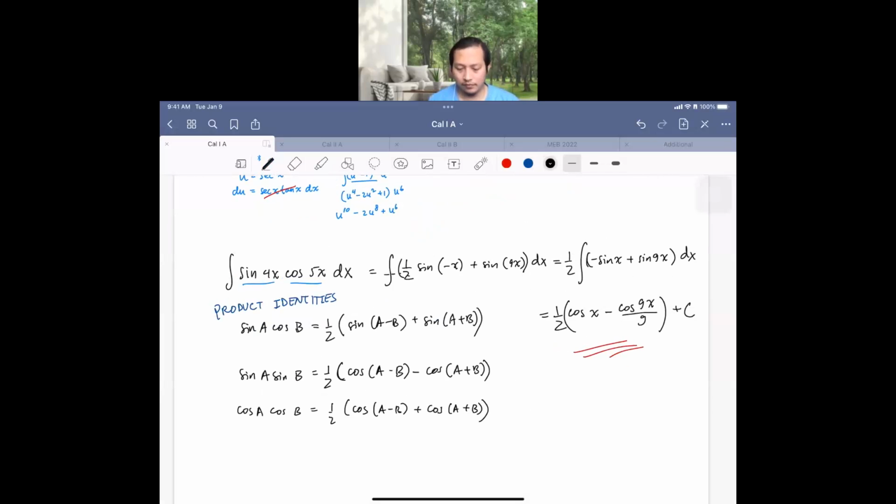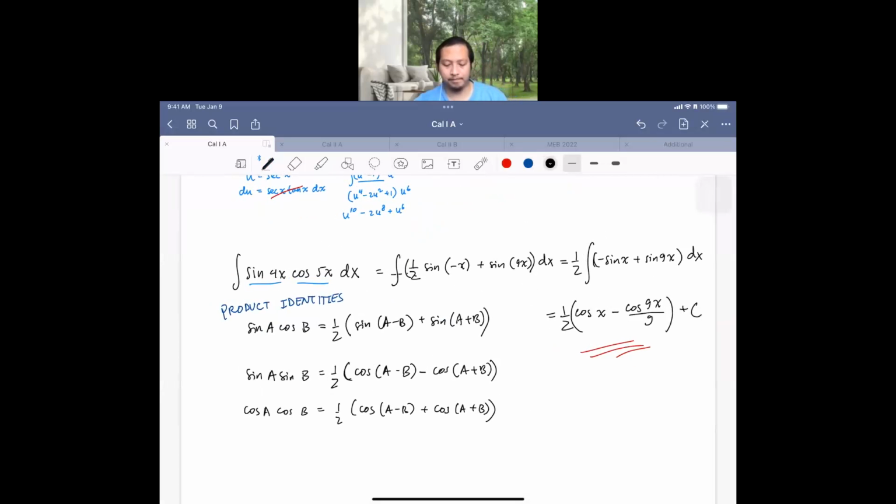But if you forget the identity, it's still okay. You can just still do the integration by parts, and I think it's not really that long.